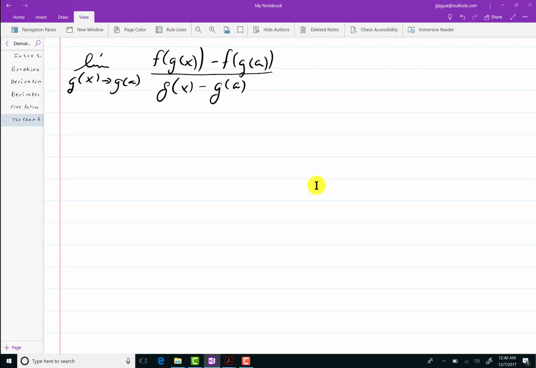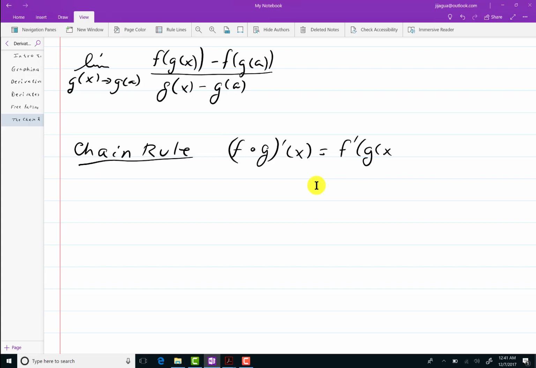There are a couple of notations that you might want to be aware of. Let's take a look. The chain rule comes in two flavors. Let me write the symbolism for it. You'll see various things here. You might see f circle g prime of x equals f prime of g of x times g prime of x.